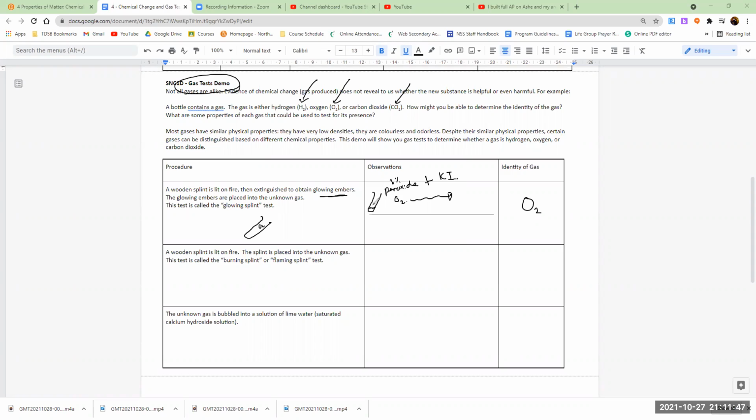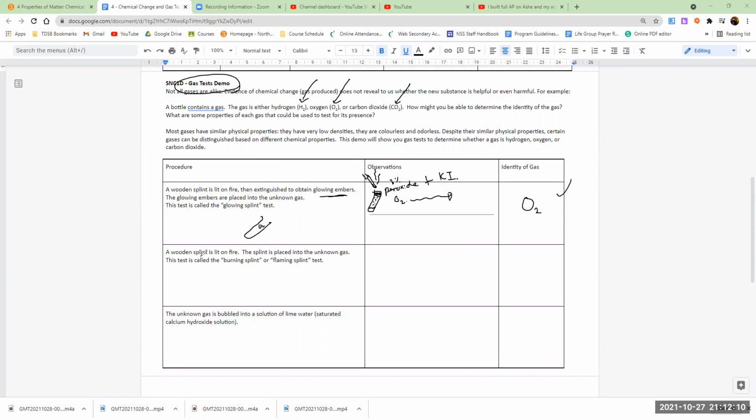I throw in the potassium iodide in there, and all these bubbles start to be released. I trapped it all with a rubber stopper, and then when I was ready, I threw in a smoldering splint, and it was able to reignite. So we know that it's going to be oxygen.